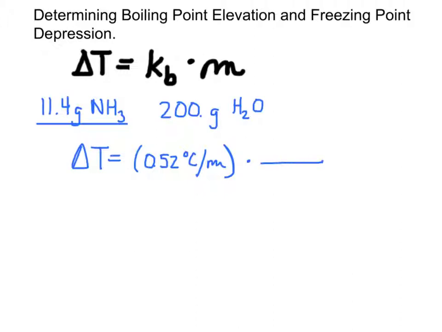So to do that, I want to make sure that I convert the amount of ammonia to moles. If I take 11.4 grams of ammonia divided by the molar mass, I should get 0.669 moles of ammonia. So that's going to go in the numerator.